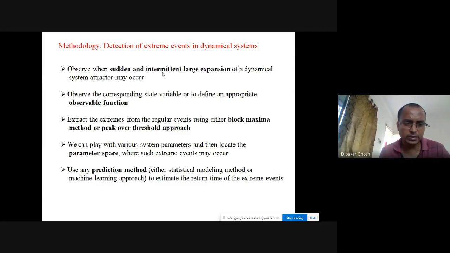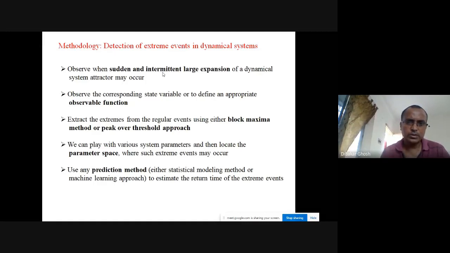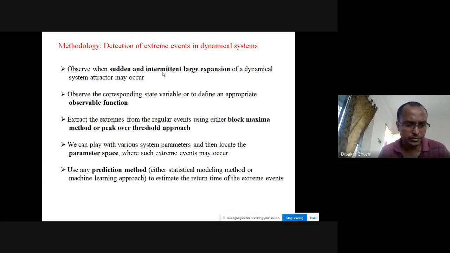If it fits, then you can conclude that the method is okay. Otherwise, you have to change to collecting the peaks with the peak over threshold method.